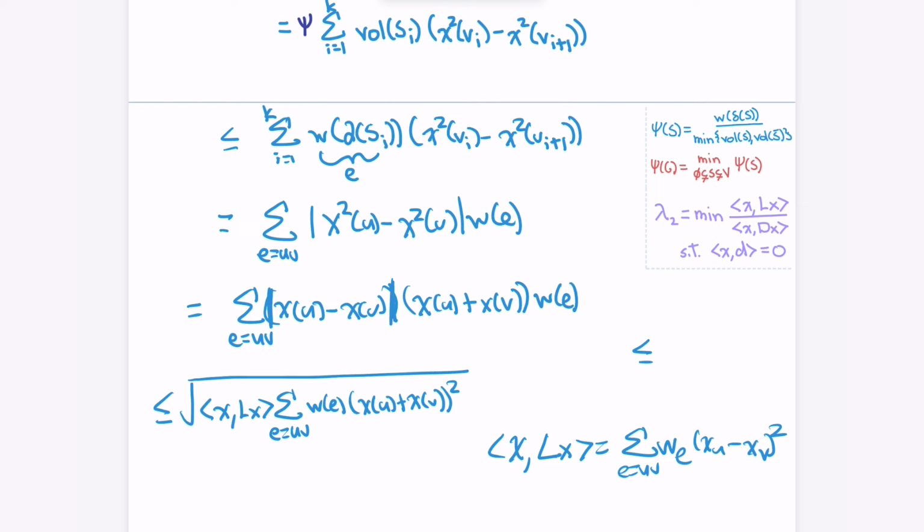So I take x_u minus x_v times the square root of w_e as a, and x_u plus x_v times the square root of w_e as b. The first square root gives you this term, and what's left is the square root of w_e times (x_u plus x_v) squared.